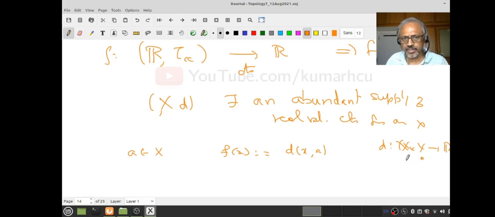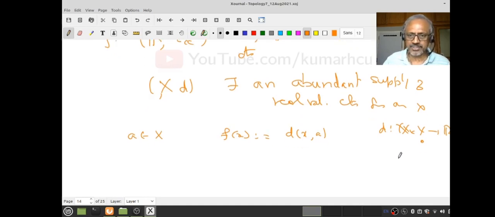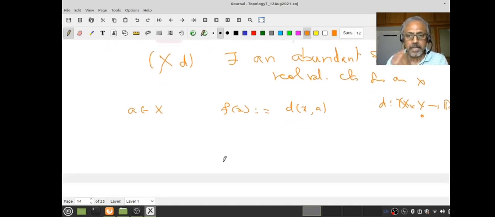Therefore I have a very natural real valued function on any metric space. Do you understand that? That's something very interesting. Because d itself is a real valued function on X cross X, if I freeze one of the variables, I get a real valued function on X. The only thing is I have to check whether it's continuous or not, right?